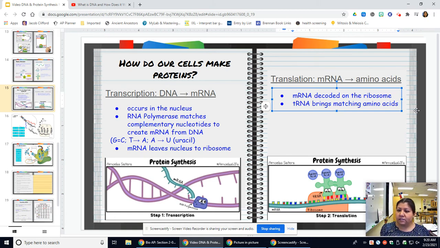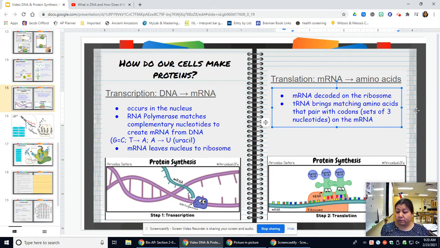So tRNA brings matching amino acids that pair with codons, sets of 3 nucleotides on the mRNA.